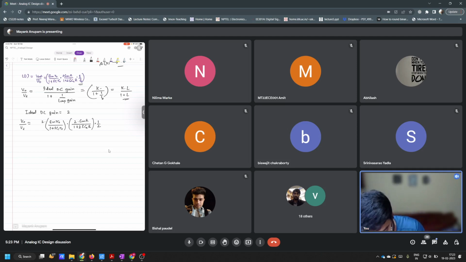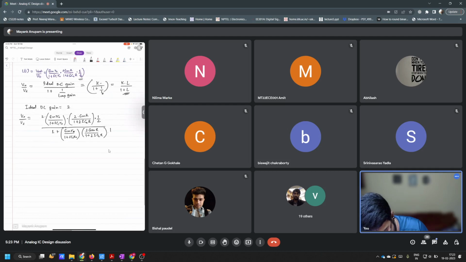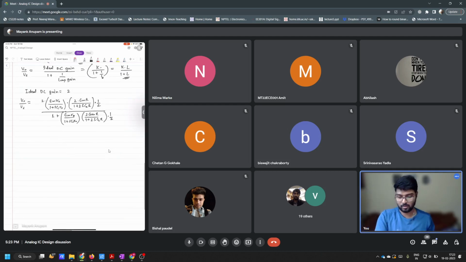This is the numerator. Now the denominator is 1 plus L. What is L? It is again Gm times R naught divided by 1 plus SC1 R naught, into 2 times Gm R divided by 1 plus 2 SC2 R, into 1 over 2. Correct. So this is the V0 by Vi expression.